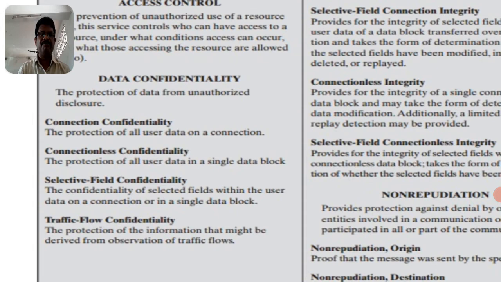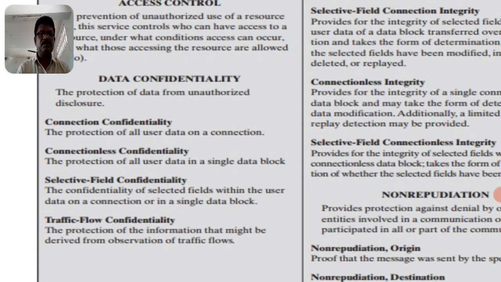In data confidentiality, there are different categorizations of data that provide security. The first one is connection-oriented confidentiality. Connection-oriented is nothing but the traditional communication I discussed earlier in detail, because traditional communication establishes communication with the help of a connection provision.